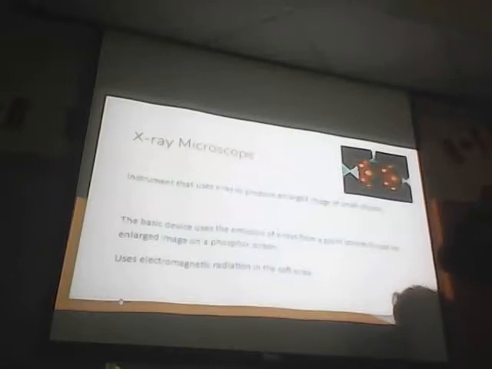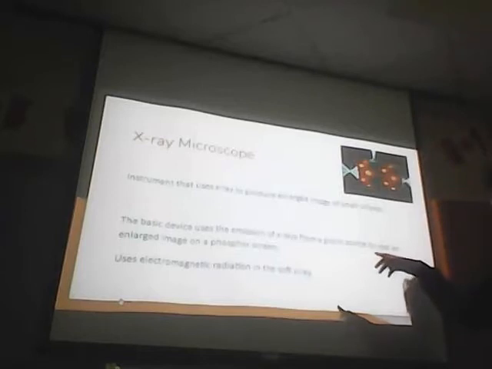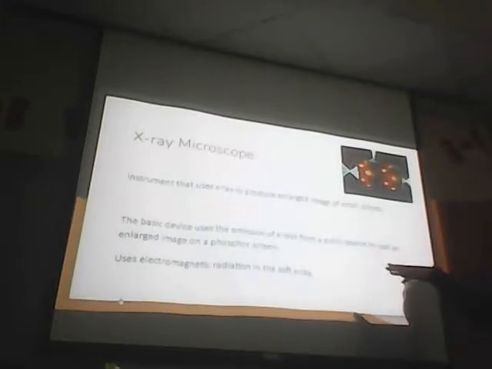It is an instrument that uses X-rays to produce a large image of a small object, to look at the detail of a cell or bone. It uses the emission of X-rays from a source to catch an enlarged image on a screen. And it uses electromagnetic radiation in the soft X-ray range, because if the X-ray energy is too high, it will kill the cell. That's right. That's so true.